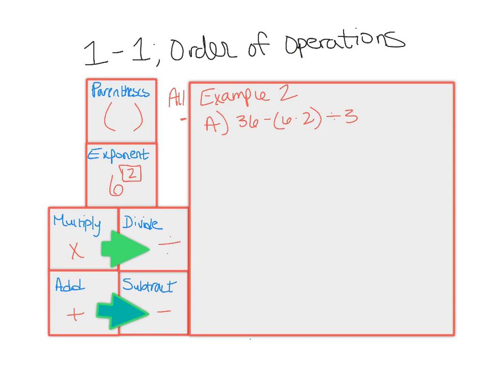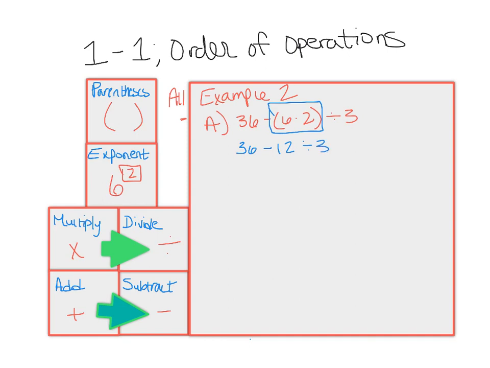All right, these next few are going to have parentheses in them. So we do have parentheses, so that's our first thing. So we're going to put a box around our parentheses. So I'm going to bring the 36 down, minus 6 times 2, which is 12. And actually, once you have done the operation that's in the parentheses, you can remove the parentheses. So I can just put minus 12 divided by 3.